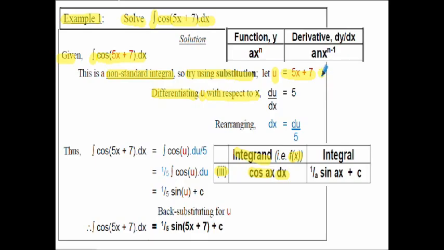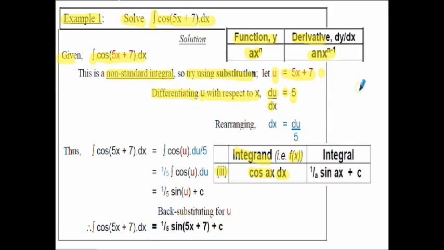So taking the above equation, differentiate the left hand side, we get du by dx, first differential of u with respect to x, and that's equal to, on the right hand side, 5. And to find the 5, we're using the standard differential tables here for the function of ax to the n, which differentiates to anx to the n minus 1 format. This is something we looked at in a previous presentation.